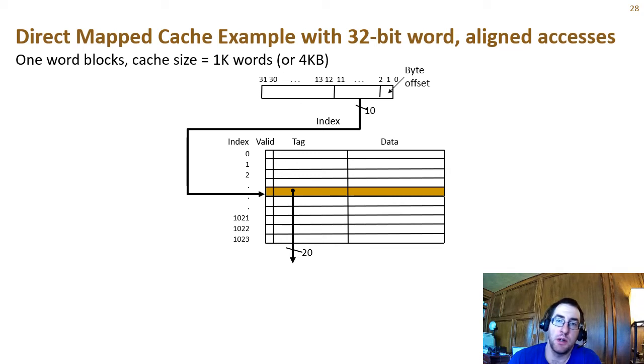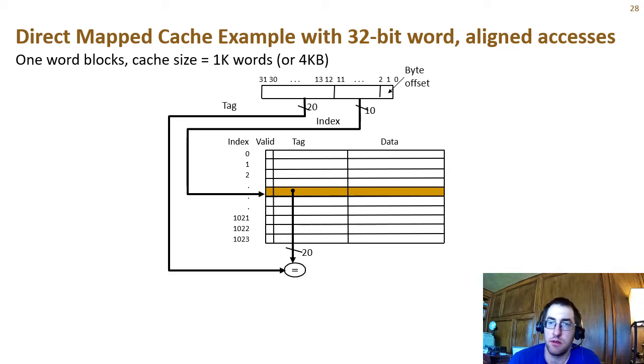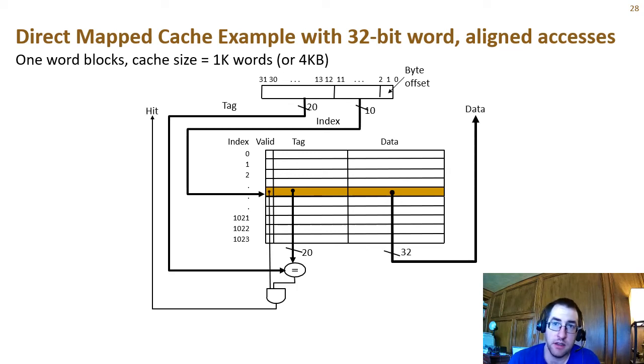Out of that row, we're going to drop down the valid bit and the tag, and we're going to check if the tag of the address we're accessing is equal to the tag in the cache. If both the tag in the cache is equal to the tag in the memory address we're accessing and the valid bit is set, a 1, then it's a hit. A hit means we found what we want.